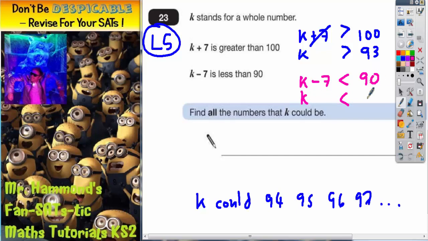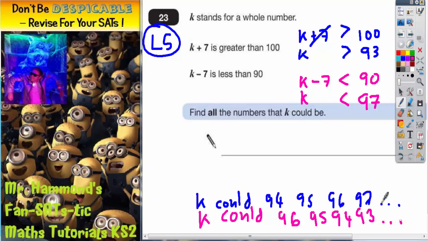So if we add the 7 back on, we're going to get 97. So we've now got two statements. And then the second one, K is less than 97. So K could be 96, 95, 94, 93, and so on.